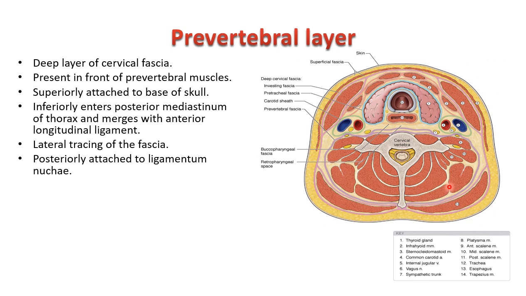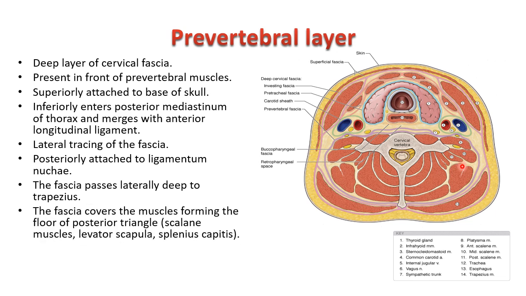It covers all the muscles, mainly the paravertebral muscles, and it forms the floor of the posterior triangle. This is the roof of the posterior triangle, and deep to the floor you see the muscles of the floor, mainly scalenus medius, scalenus posterior, levator scapulae, and splenius capitis.